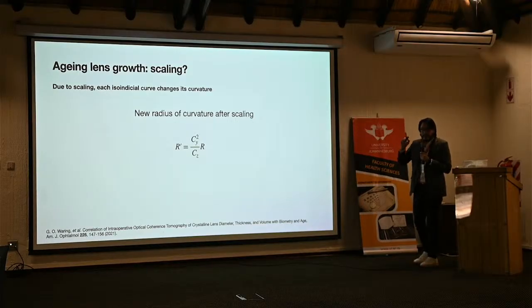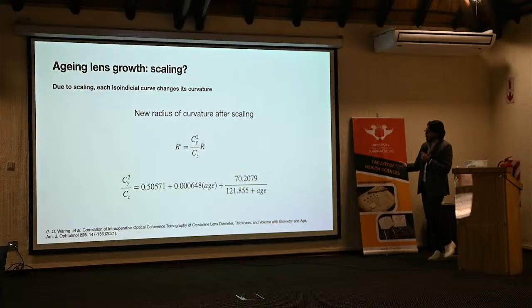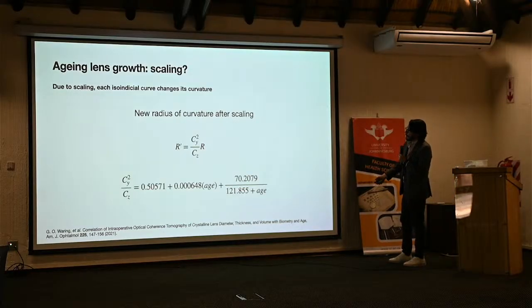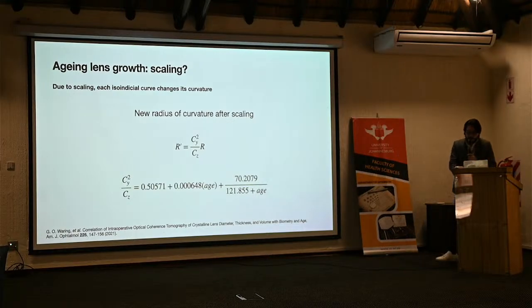Well, for any axial radius of curvature, we have calculated that for a function at the axial point, when it is scaled in z and y, the new radius of curvature is this one. Therefore, by taking the data of this paper, we have this change of curvatures of each of the initial curvatures of the lens.